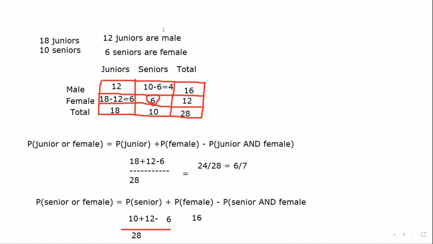So this is 16/28, and we know how to reduce this. If you need help, by all means, use your calculator. They're both divisible by 4, so if we divide by 4 on both sides, we get 4/7.